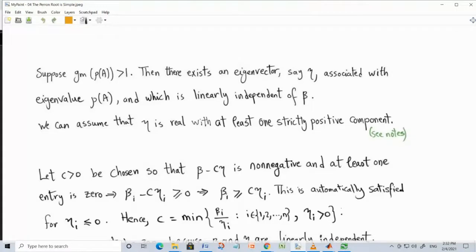Okay, so you may wonder, why is this guy first showing that the geometric multiplicity is 1 and then showing that the algebraic multiplicity is 1? Well, because the proof that the algebraic multiplicity is 1 is a proof by contradiction, and it involves contradicting the fact that the geometric multiplicity is 1.